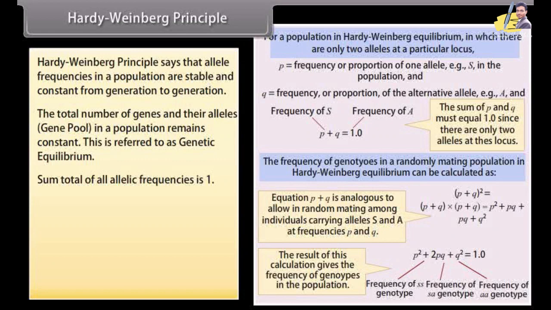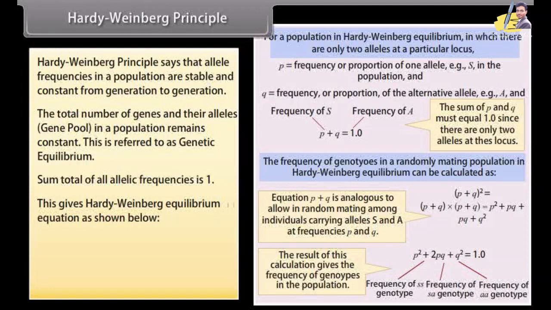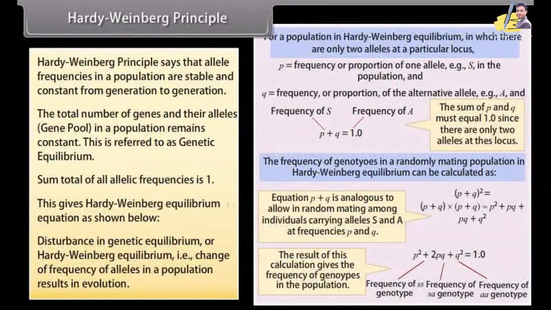Sum total of all allelic frequencies is 1. This gives Hardy-Weinberg equilibrium equation as shown below. Disturbance in genetic equilibrium or Hardy-Weinberg equilibrium, that is, change of frequency of alleles in a population, results in evolution.